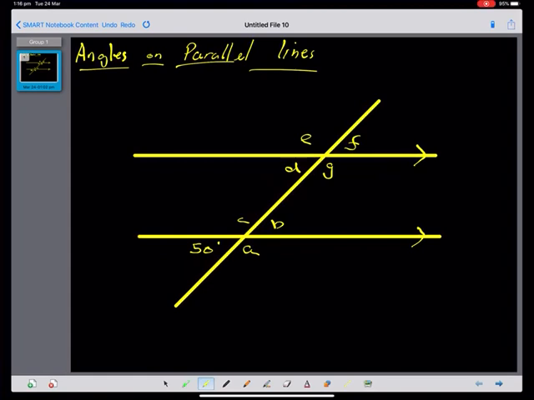Okay, so hopefully you've done that now, and there are different reasons you can use. You can say that B is equal to 50 because of vertically opposite angles. But it would be nicer to use the alternate, corresponding, and co-interior. So let's do that then.